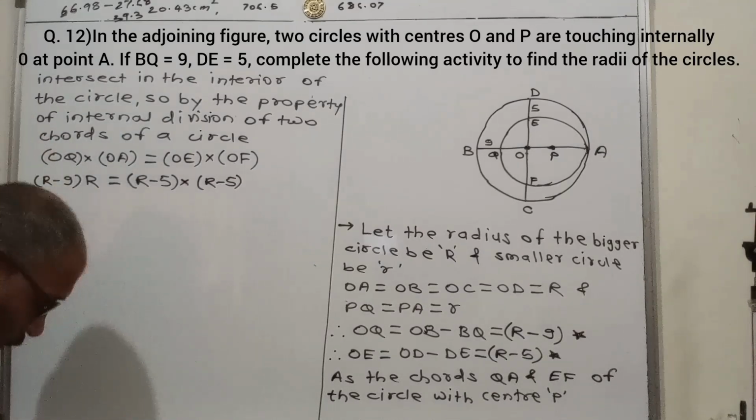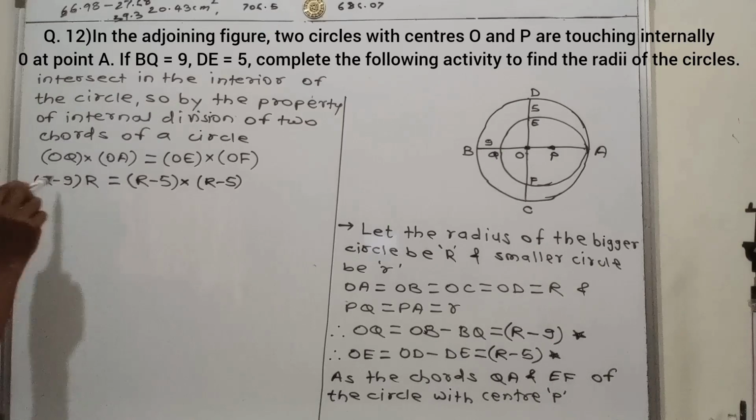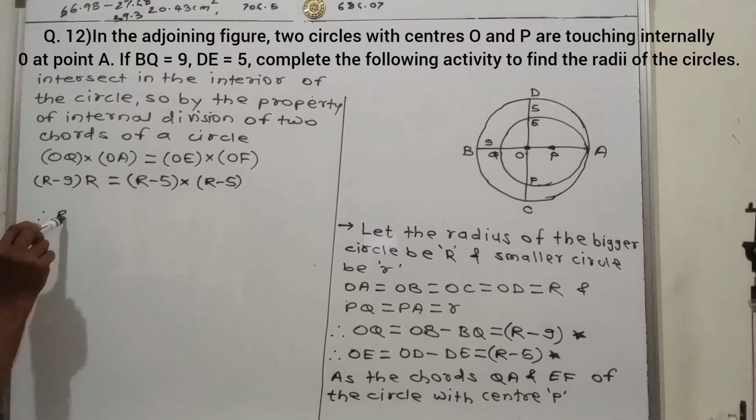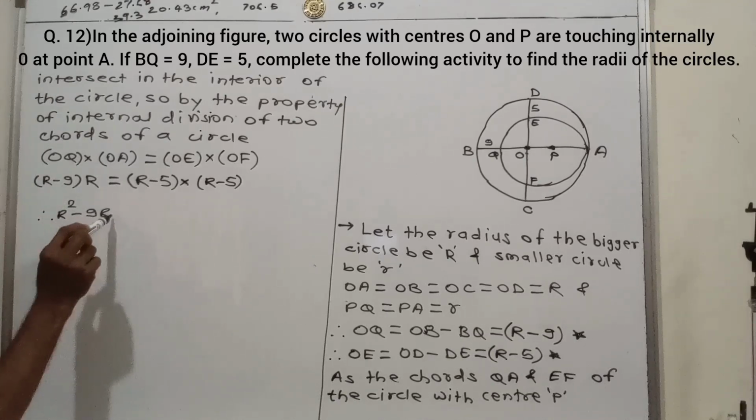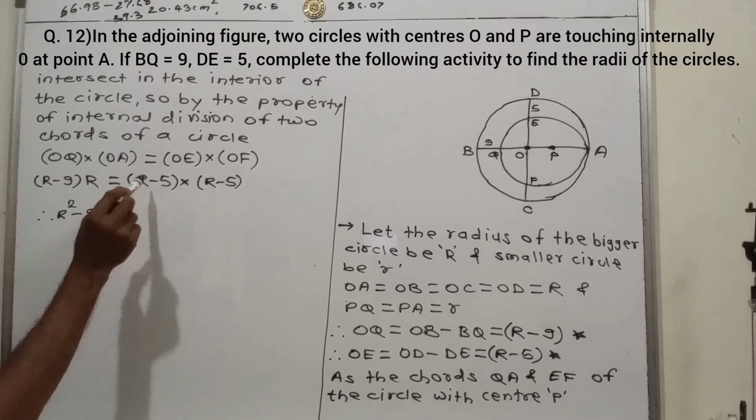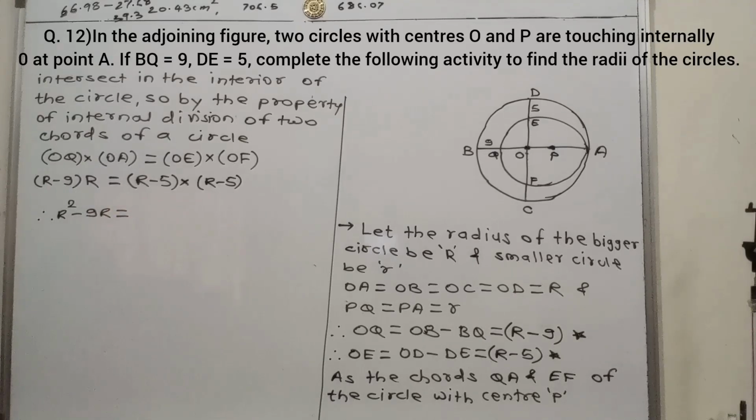Did you get it? Therefore, we write here R into R square. R into this minus 9 means minus 9R is equal to R minus 5 into R minus 5 means A minus B into A minus B means A square minus 2AB plus B square.